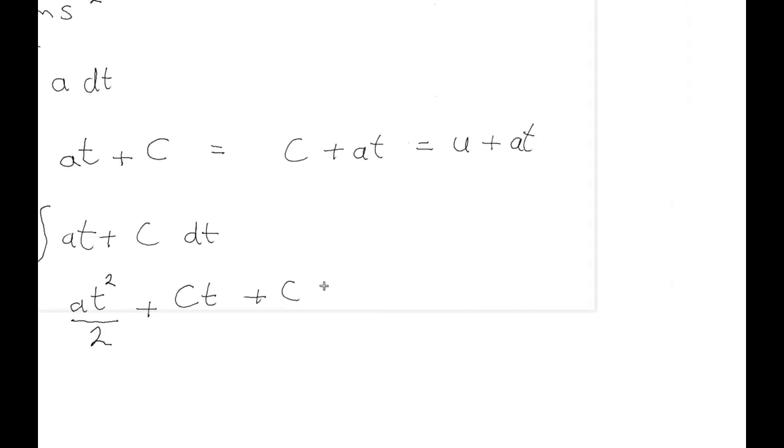If I say, for example, the first one is this, V equals u plus at, and the second one is s equals a half at squared plus ut.